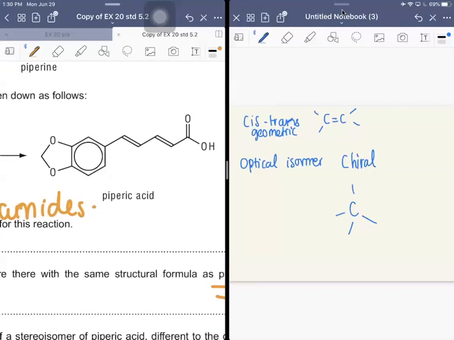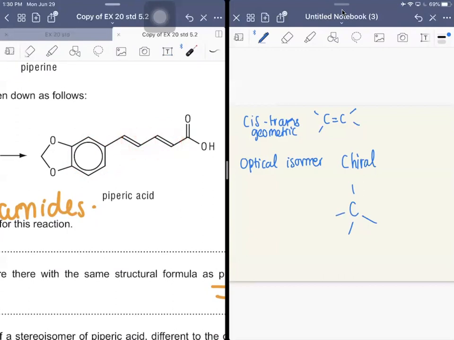If you look at the structure of piperic acid, the moment you see a double bond on a carbon, you will not get a chiral center. This benzene contains alternating single and double bonds, so technically everything here does not have chiral centers. So we're left with the cis trans.